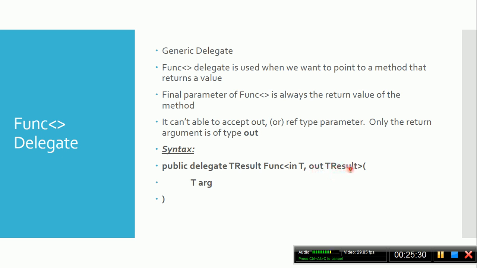And then the last argument is out TResult, which means it will accept a function which should return a value. It will be out, meaning call by reference. If we call any function, indirectly we are receiving some value, so it keeps this last parameter TResult as type out, so that we can receive the return value back in the caller function which calls it.